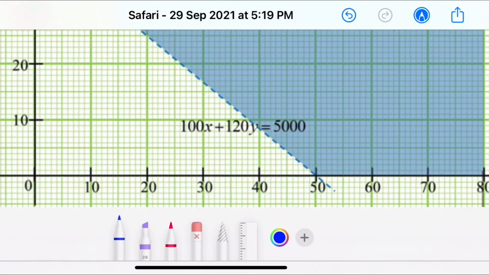We are lucky because the objective function was given. Later we will use it to find the maximum fee.